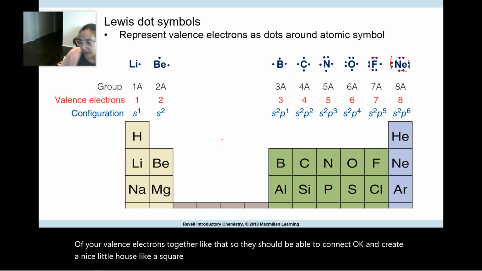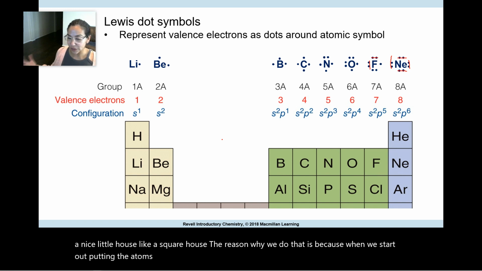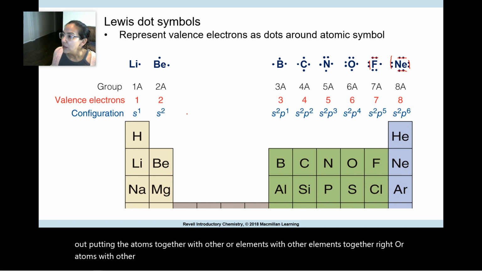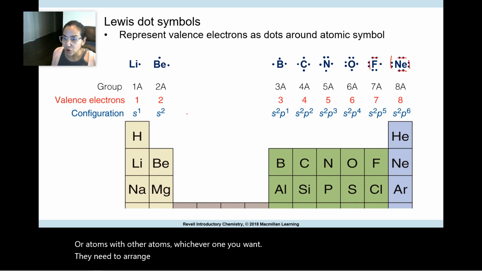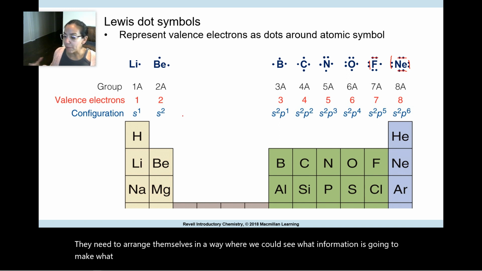The reason why we do that is because when we start putting the atoms together with other atoms, they need to arrange themselves in a way where we could see what formation it's going to make, what shape that bond is going to produce.